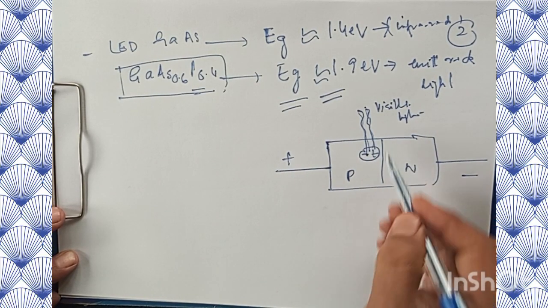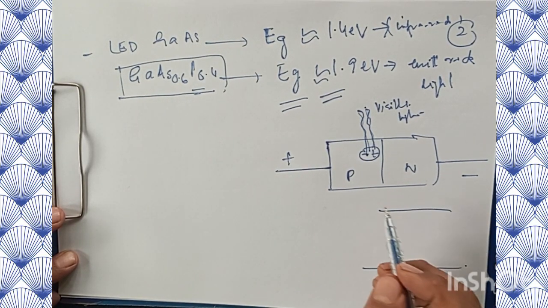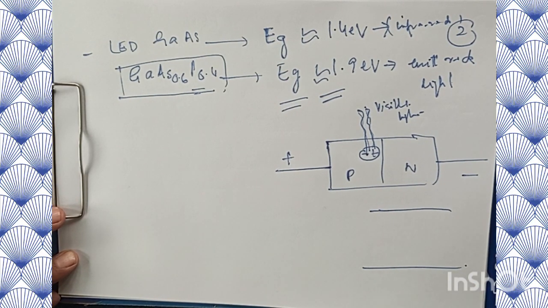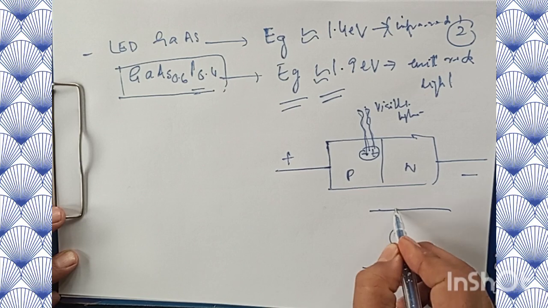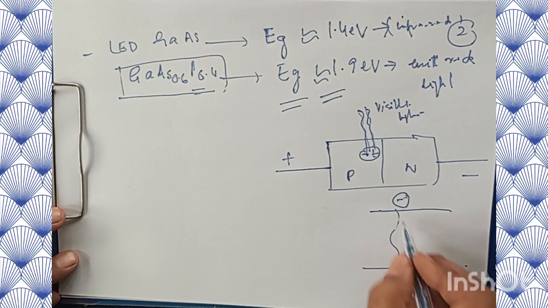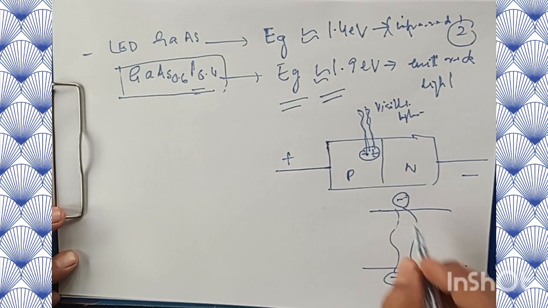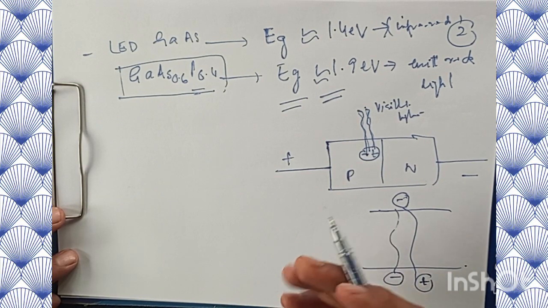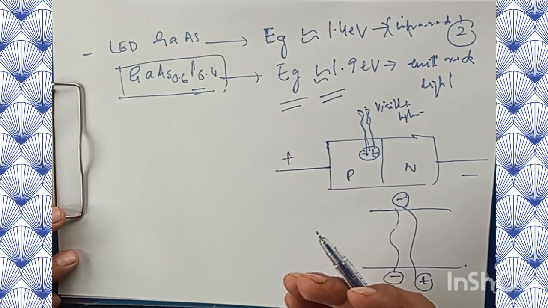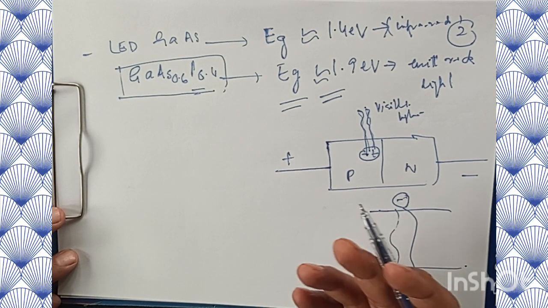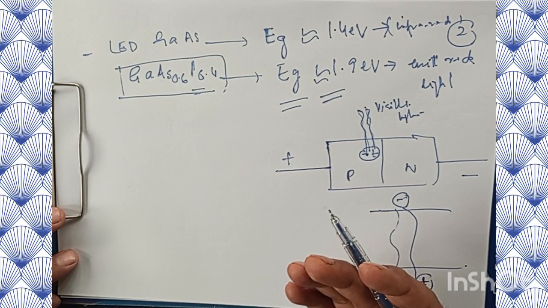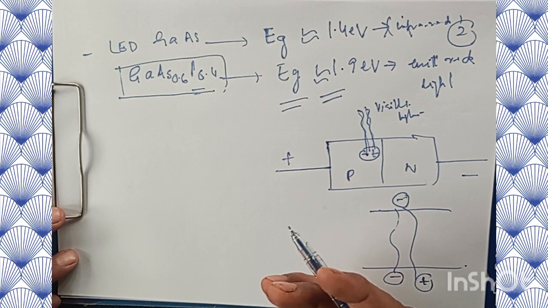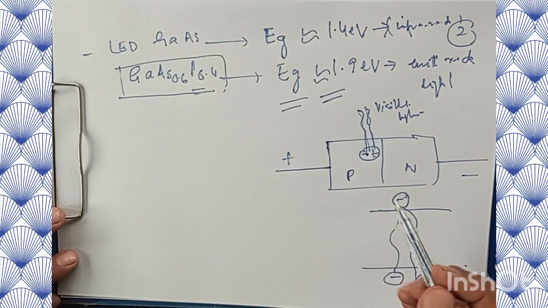So you have an energy band gap here where you have electrons here, they will jump here. You have a hole here and you have an electron, so you have developed an electron hole pair, right? This is equivalent to the jumping of an electron from a higher energy state to a lower energy state, right?